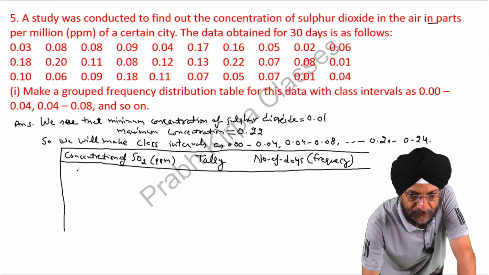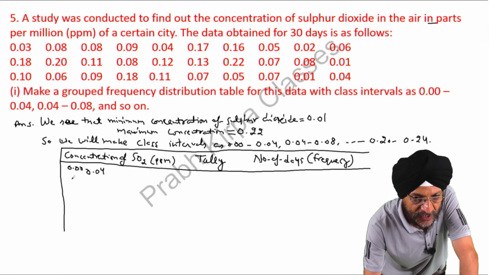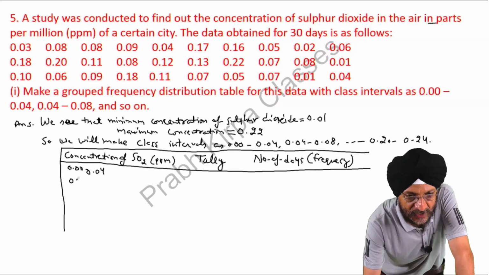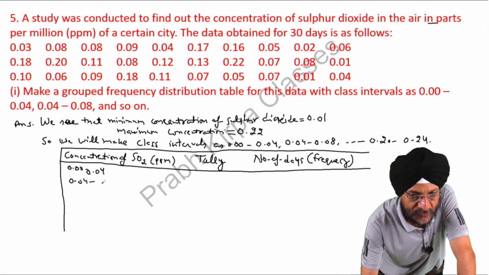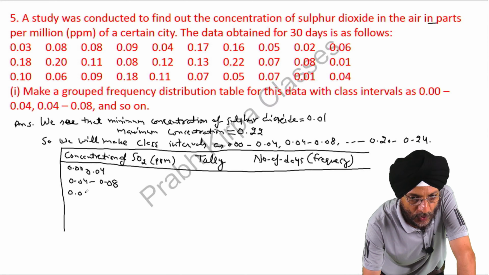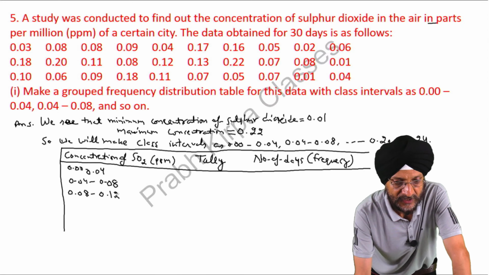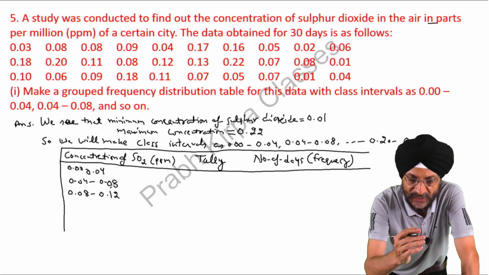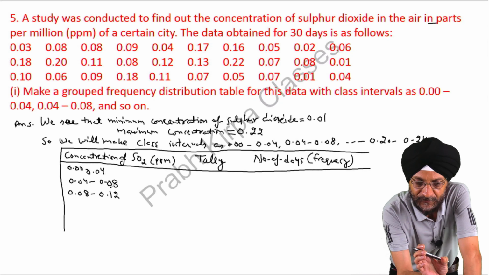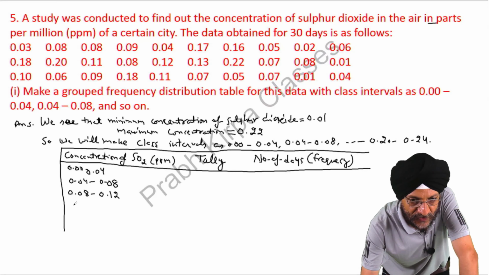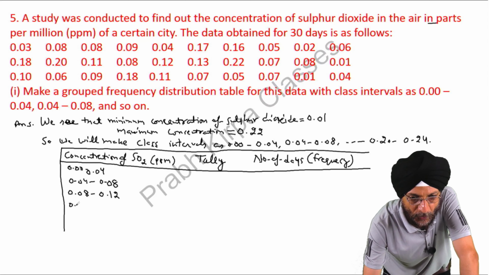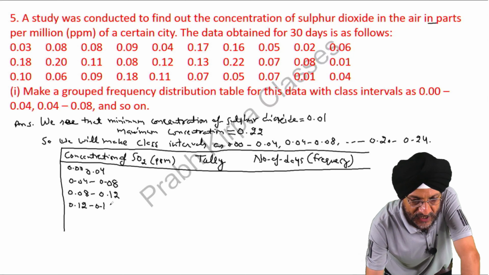So first will be 0.00 to 0.04. Next will be from 0.04 to 0.08. Then next will start from 0.08 to 0.12. That is, every class interval will have the gap of 0.04. Next will start from 0.12 to 0.16.